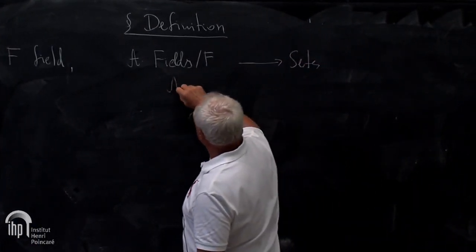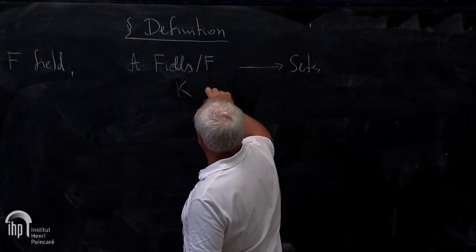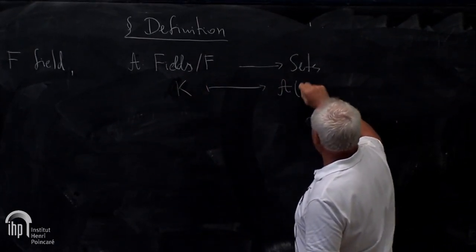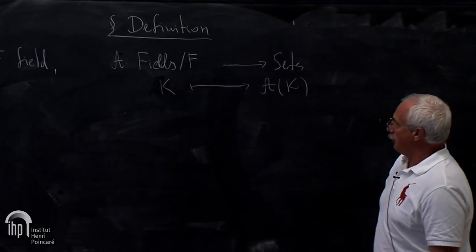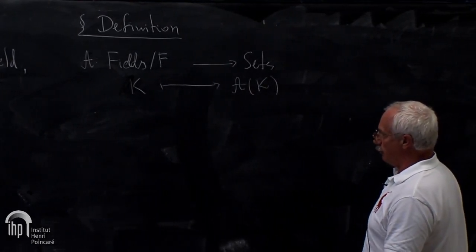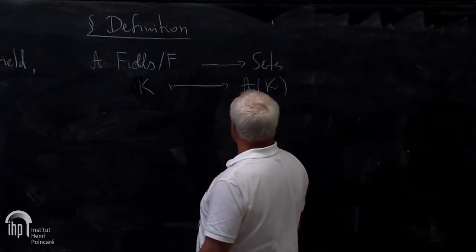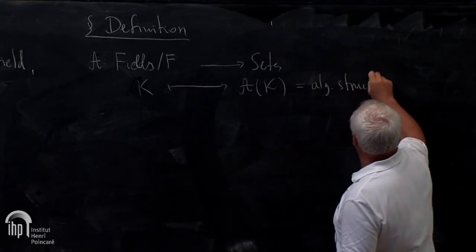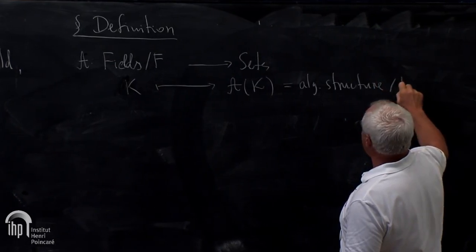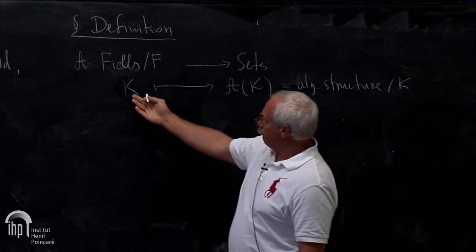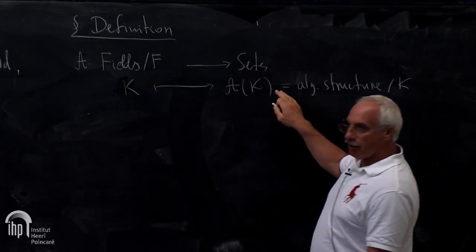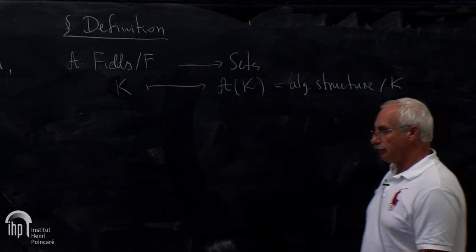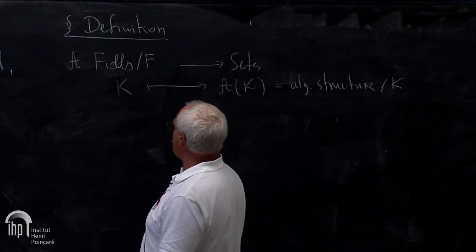So we take any field K to the set A of K, and this is viewed as a set of algebraic structures over K. And if you have a field extension, then you have a map making the base change.